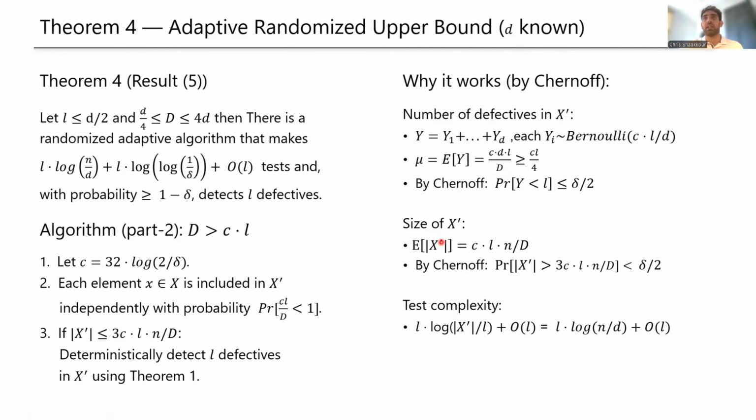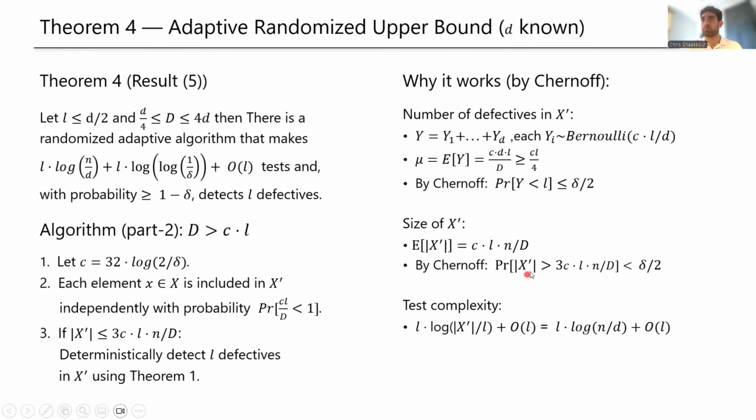So we have here another thing to see about the size of the group X prime. The expectance of the size of the group X prime equals C times L times N divided by D, which is a number.